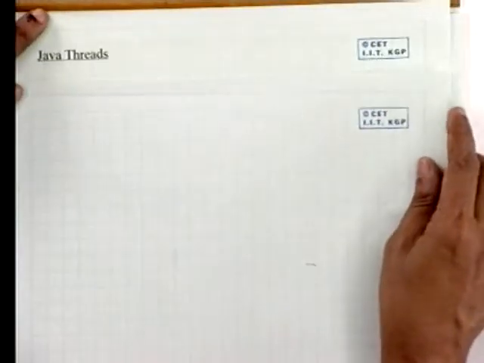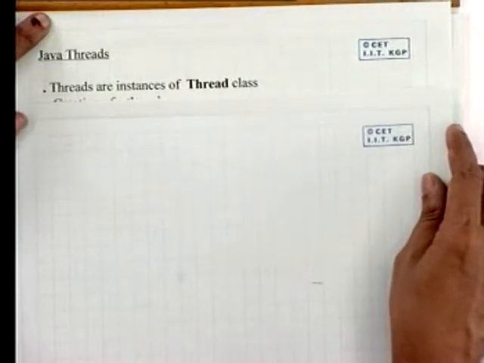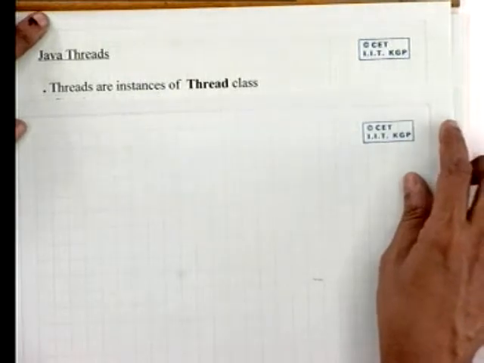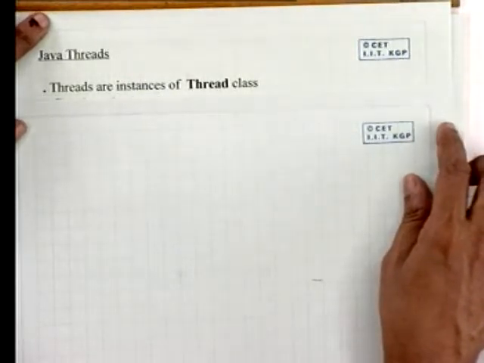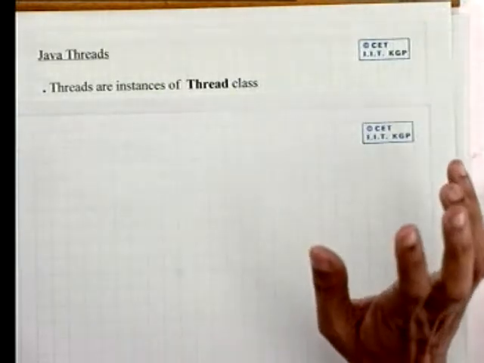Coming back to Java again, basically in Java any thread is treated as an instance of the Thread class. If you recall our introduction to the Java language, Java being an object-oriented language, it heavily relies on the concept of class, and in each class there are certain methods.